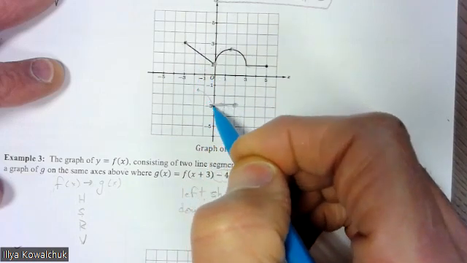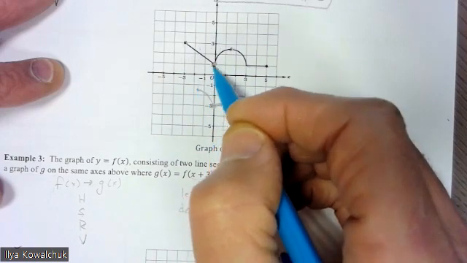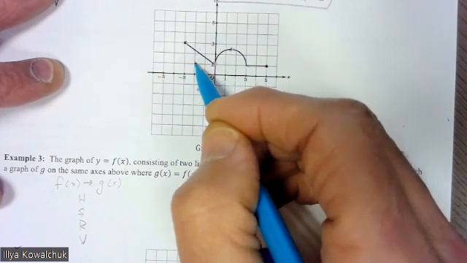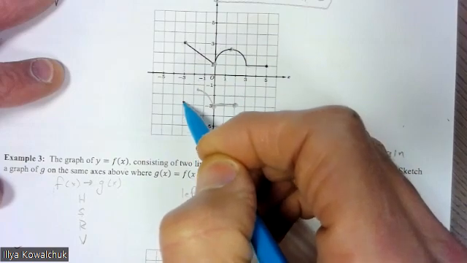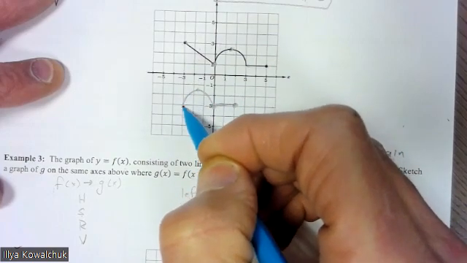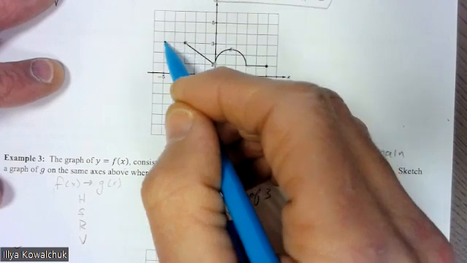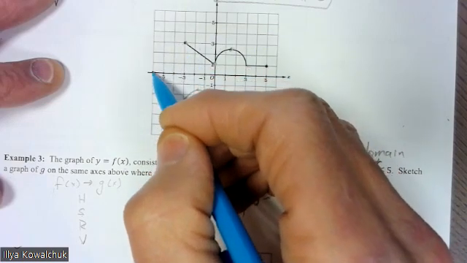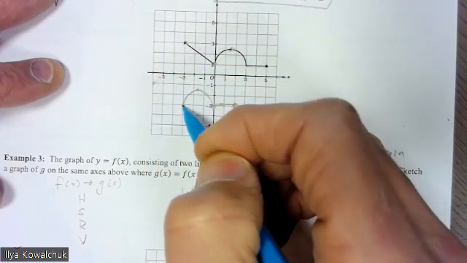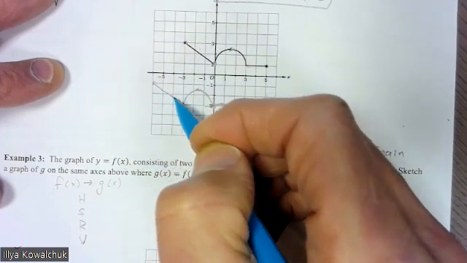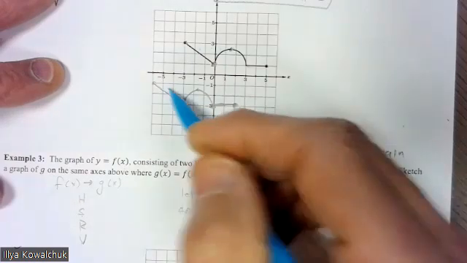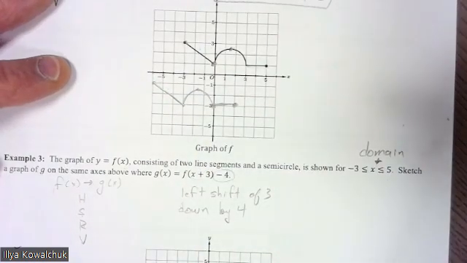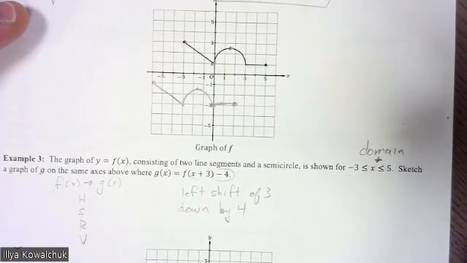Okay, that's the top of my semicircle. And here I go down 1, 2, 3 to the left and down 1, 2, 3, 4 to the right. That's the rest of my semicircle. And then I go down 1, 2, 3, 1, 2, 3, 4. And there's my second line segment. Okay, cool. Awesome.